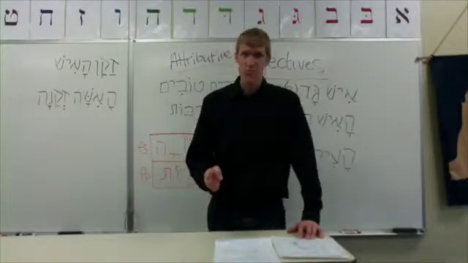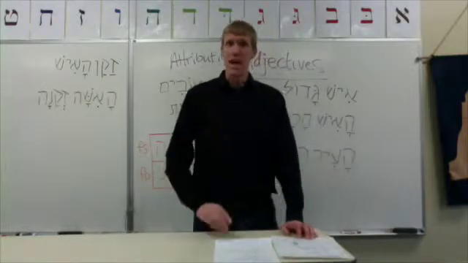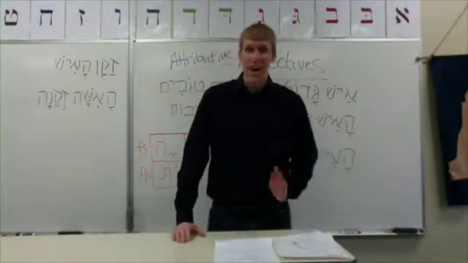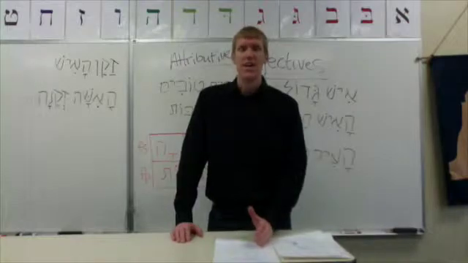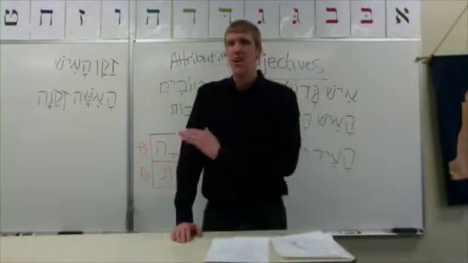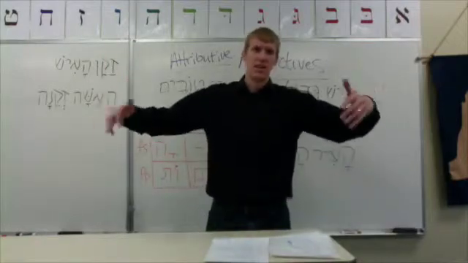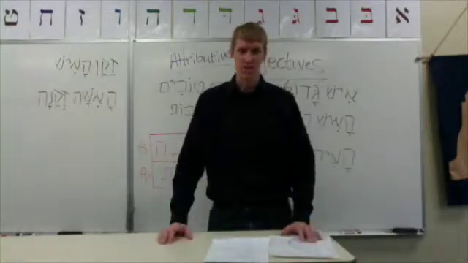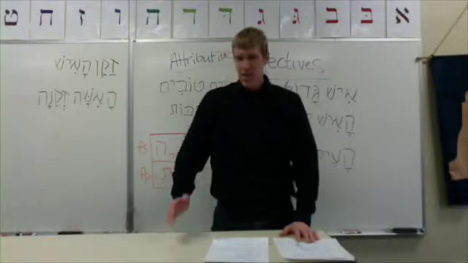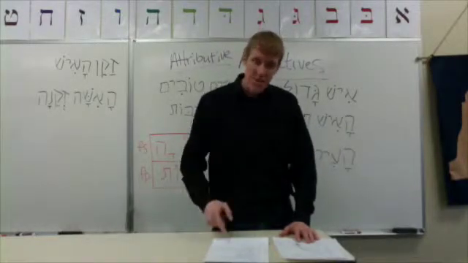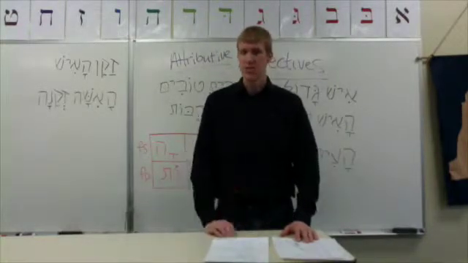So here's an easy rule of thumb. If you see an adjective that has the definite article on it, it will be attributive every time. Every time, if there's an adjective with a definite article, it's attributive.